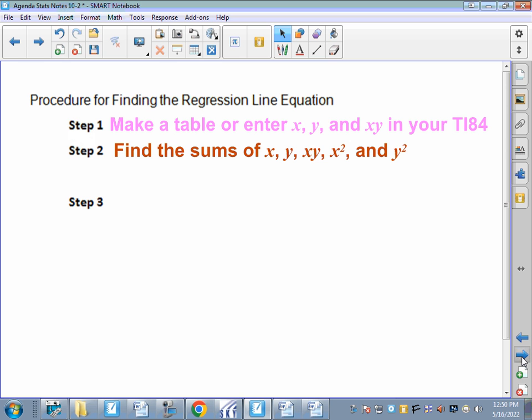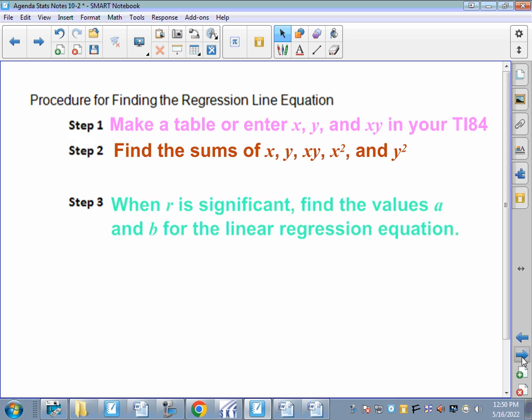And then step 3, we're going to insert those into the linear regression a and b formulas. So again, when r is significant, we are going to find a, we're going to find b, and we are going to put those into the equation, and it's going to look something like mx plus b form. Again, if we've already found that r is not significant, we would not be doing all of this stuff, and hopefully, if they're related, we've already found all of those sums.